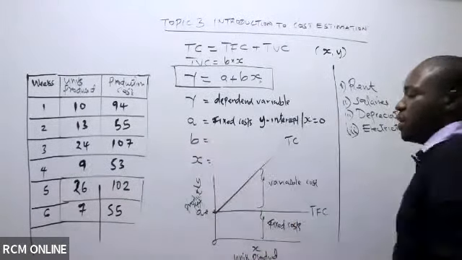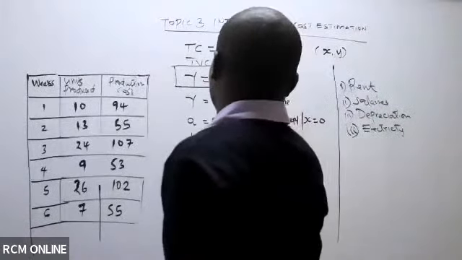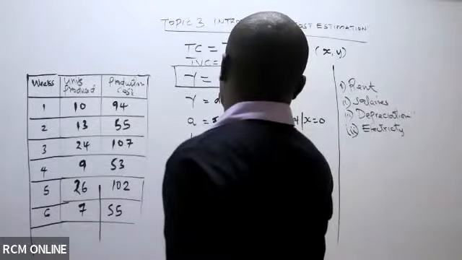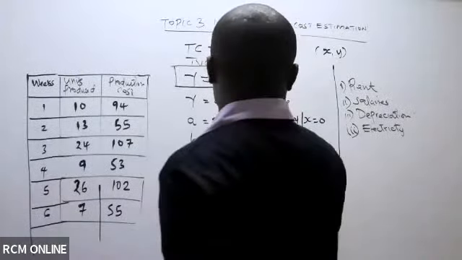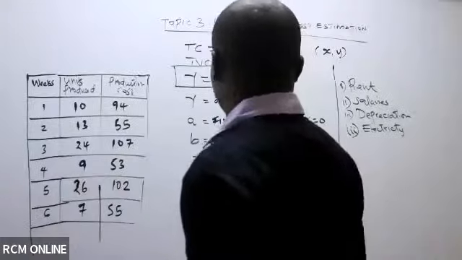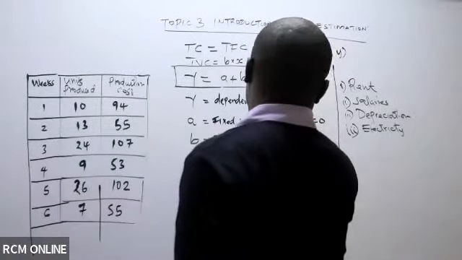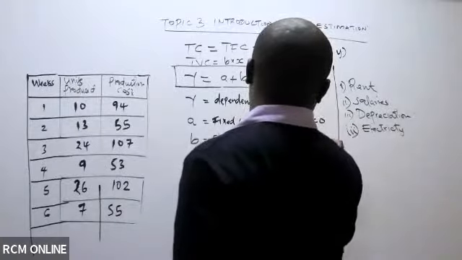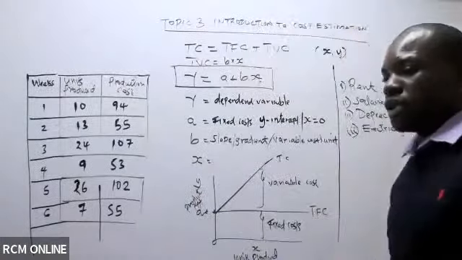What is this B? B is what we call the slope, or gradient, of the curve. But of course, in costing terms, we are calling this variable cost per unit.